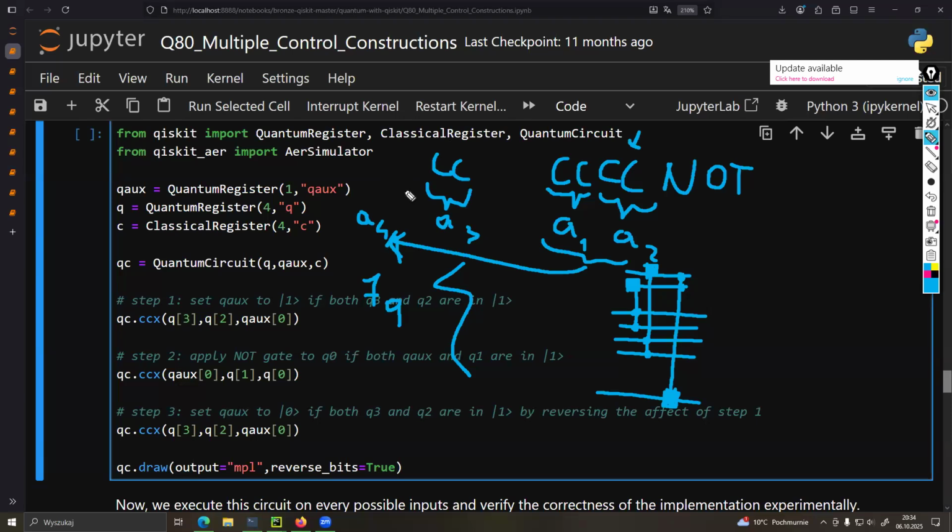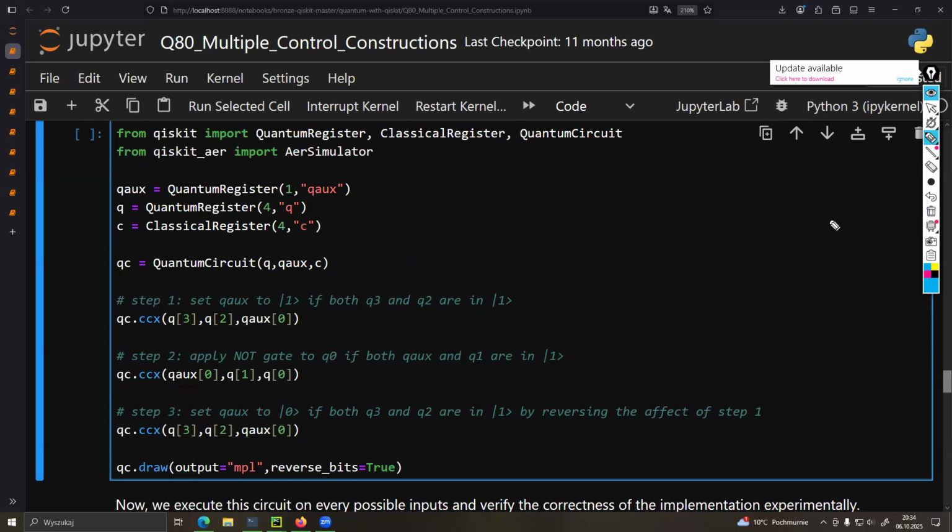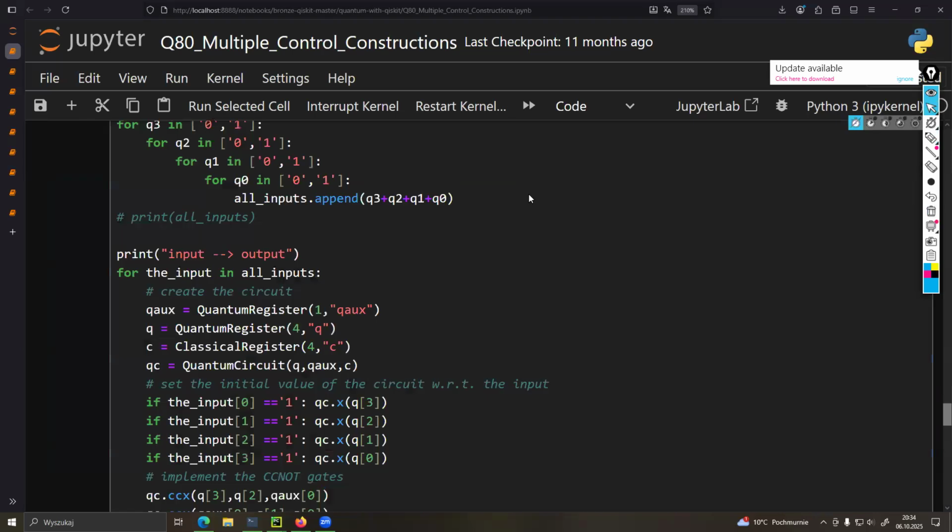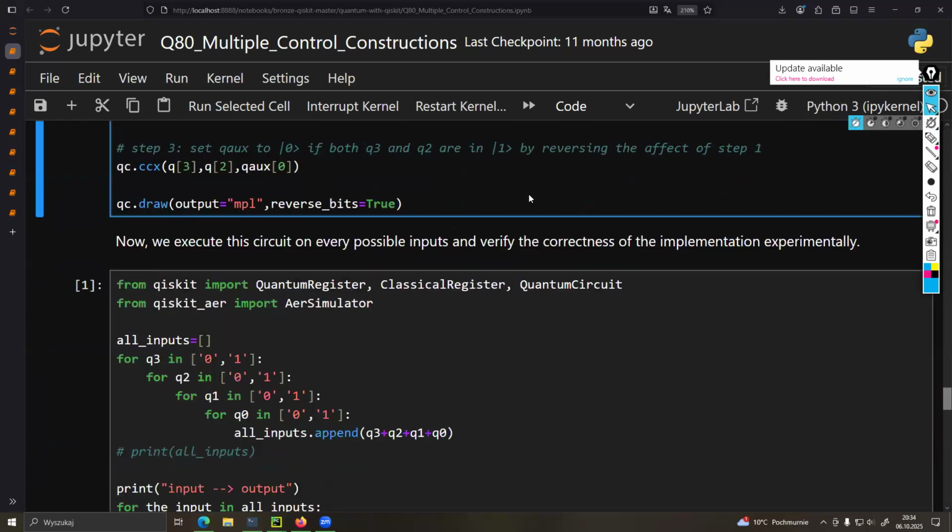And then I can only combine 6 or 7 conditions after I have 4 ancillas. So this is a mess. There are slightly better solutions for this than trying to do this.